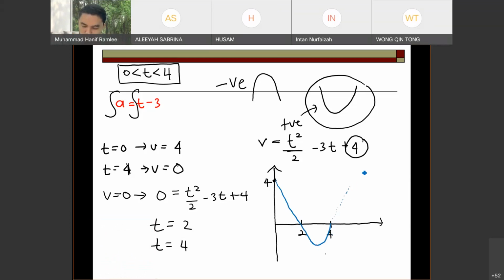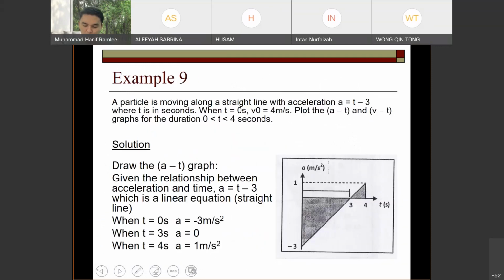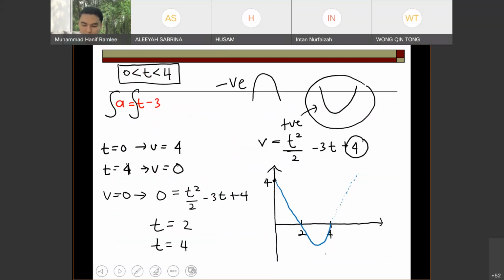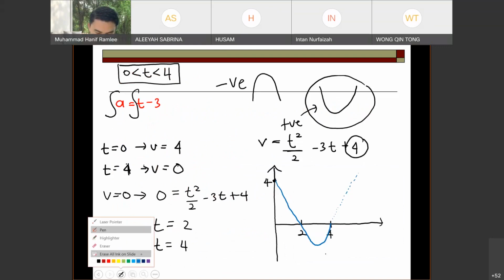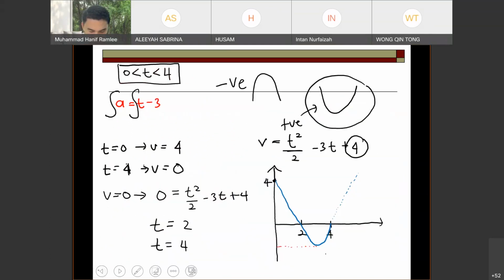Okay, because we are only taking from 0 to 4, then we have to have a line from 0 to 4 only. Okay, so from here you can determine the maximum here. What value? This should be V in meters per second.